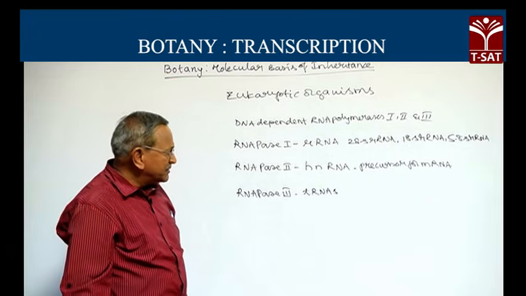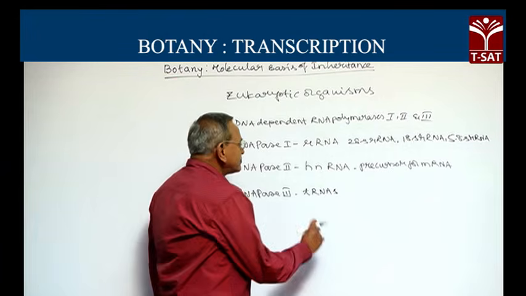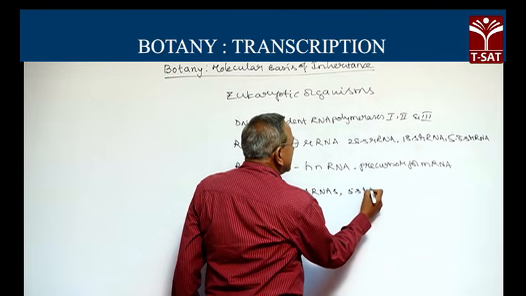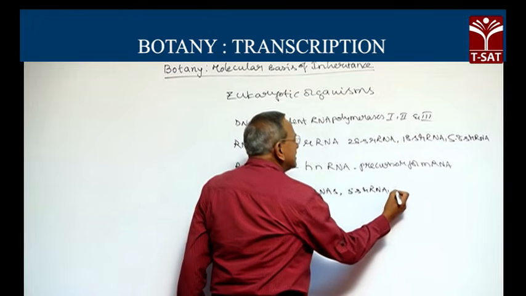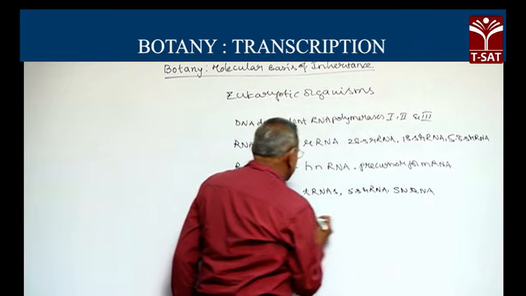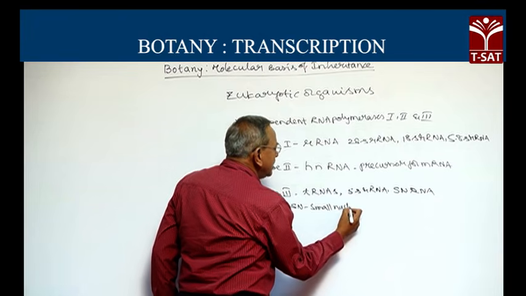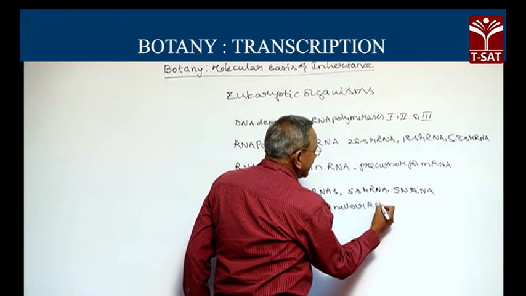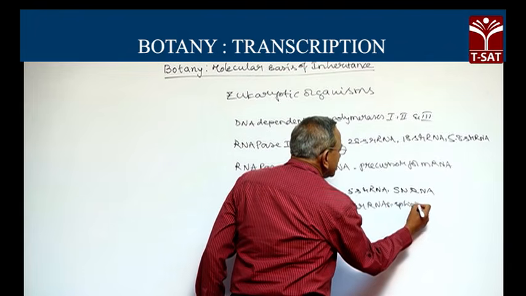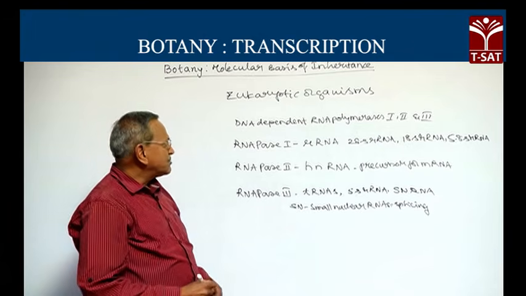The minimum number is 22 and maximum number is 55. So, different kinds of tRNAs, 5S rRNA, similarly snRNA. SN stands for small nuclear RNAs. These are useful in splicing.